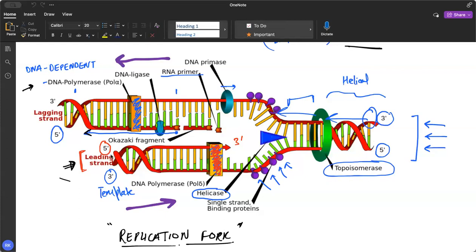DNA polymerase can just sit at one end and continuously keep going. It will sit here and continuously keep synthesizing as the replication fork will open up. But on the opposite strand, it is discontinuous, in fragments. So the discontinuous strand is the lagging strand, and the continuous strand is the leading strand. Is it clear?